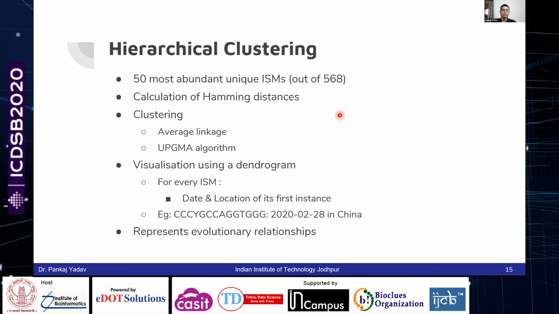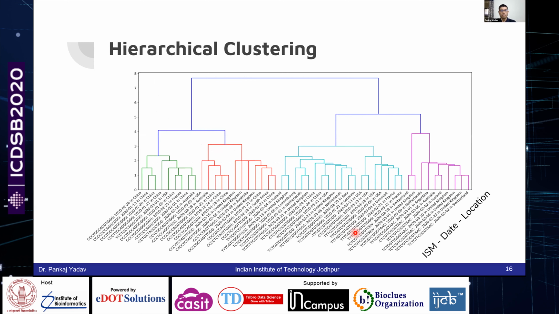We considered the 50 most abundant in terms of frequency, and then used Hamming distance to calculate similarities, and calculated the clustering using the average linkage and UPGMA algorithms. Visualization was done using a dendrogram, or you can say a phylogenetic tree, which was constructed in the end. This is what we got from the hierarchical clustering plot.